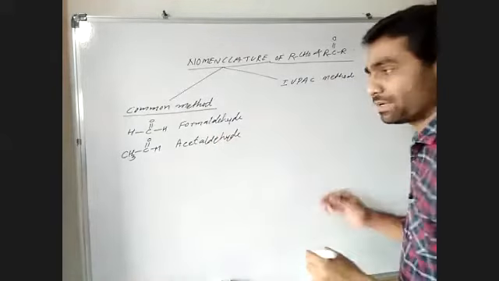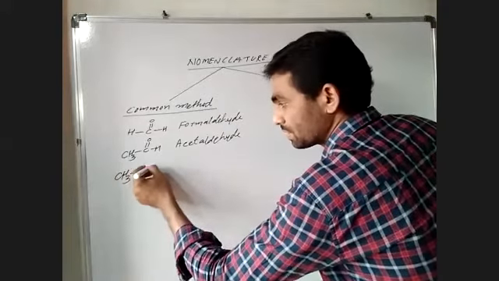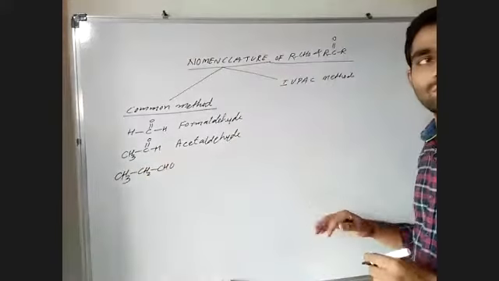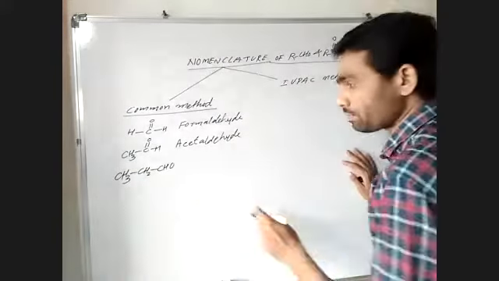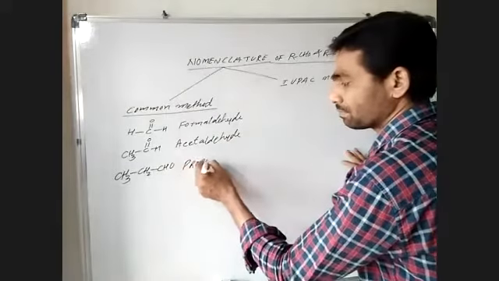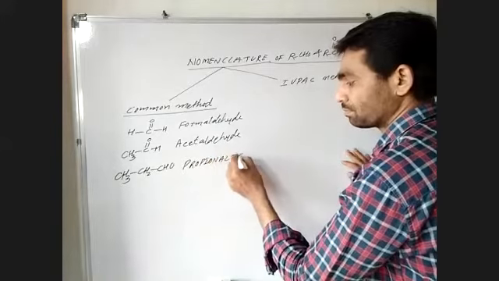Go for the next member. If I am writing this one, CH3, CH2, or simply we can write CH also. This is also accepted, correct? And it is called propionaldehyde.